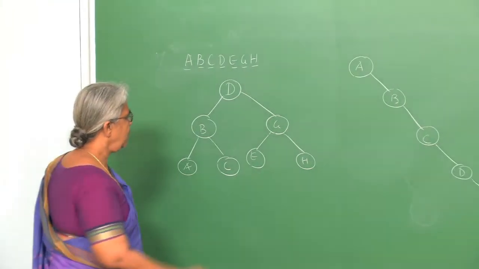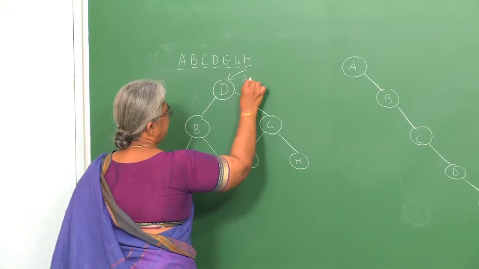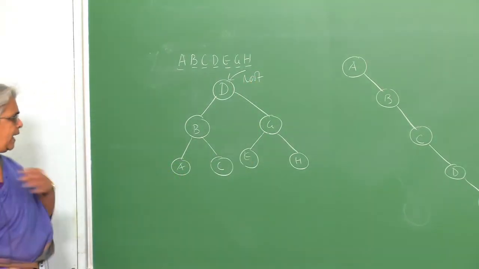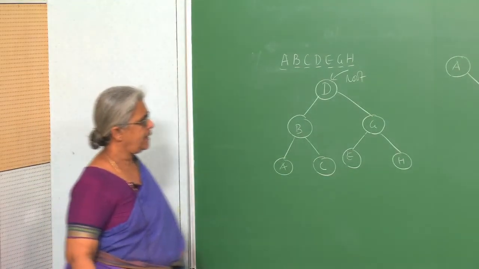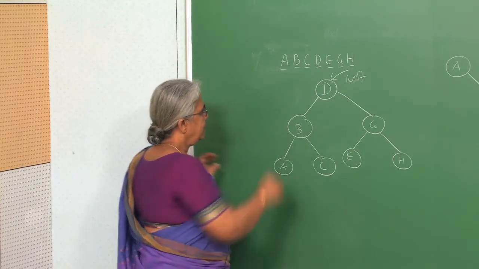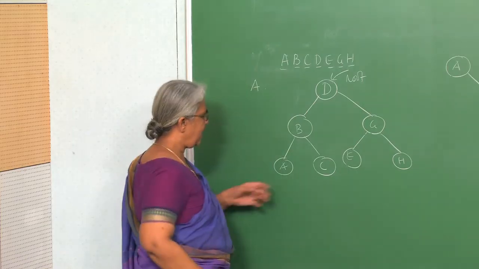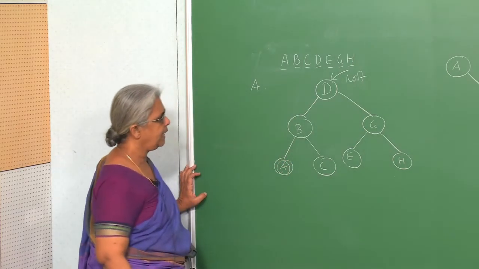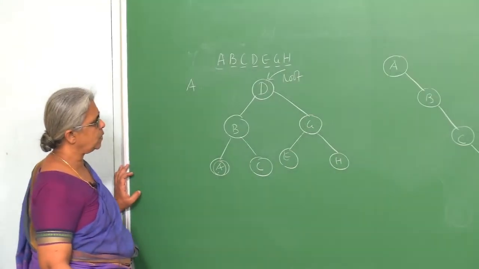How would I search now? This corresponds to the root. Suppose I wanted to find out what marks A obtained in this tree. I give the key, and say the key is A. Let us say there is additional information along with A; I only give the key here, and marks and other things are stored over here.